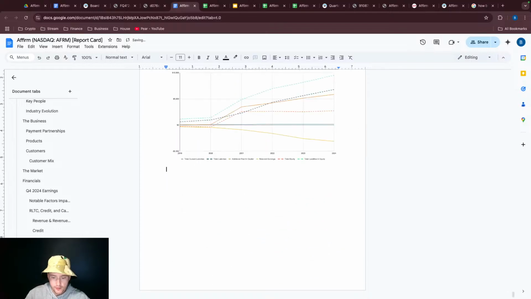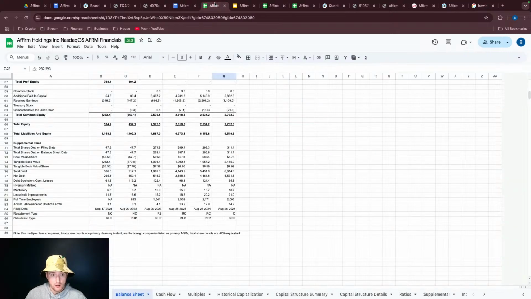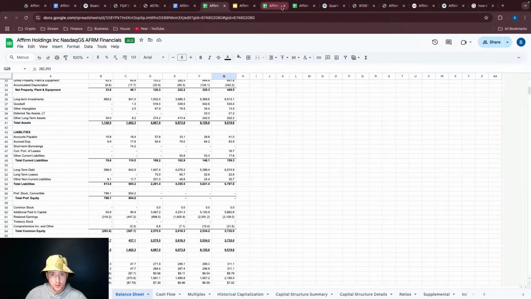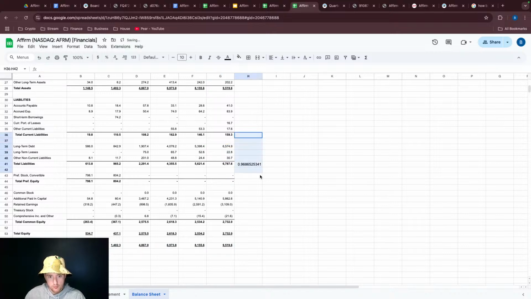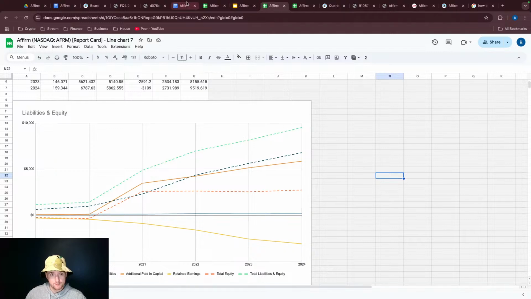So one of the things that we need to point out is that the largest part of their liabilities is this long-term debt. And that's about 97% of their long-term debt.